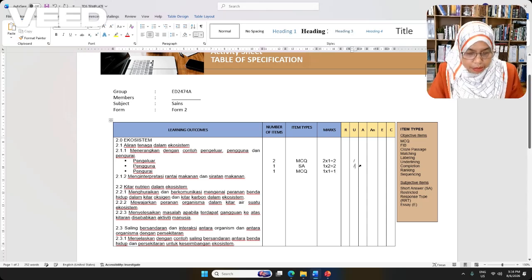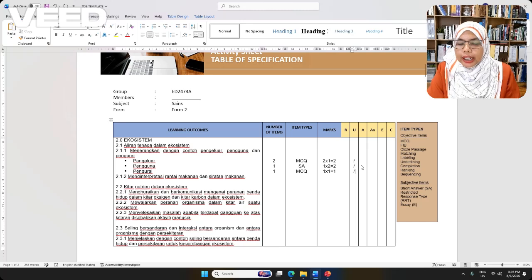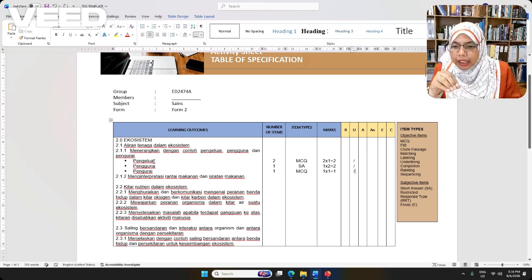And it should also be understanding. So when I do it like this, it means that I will have specific questions for each aspect here. And don't forget your question must have contoh because this is what is required by the learning standards.